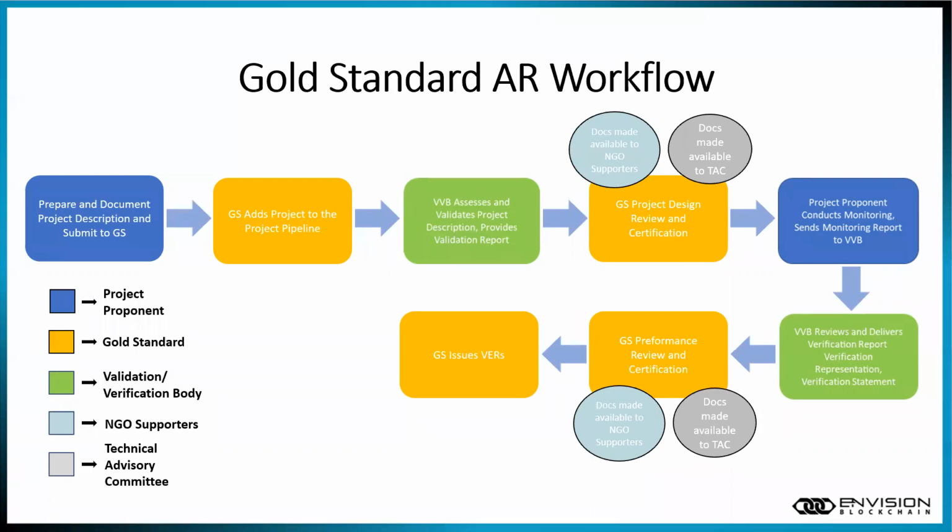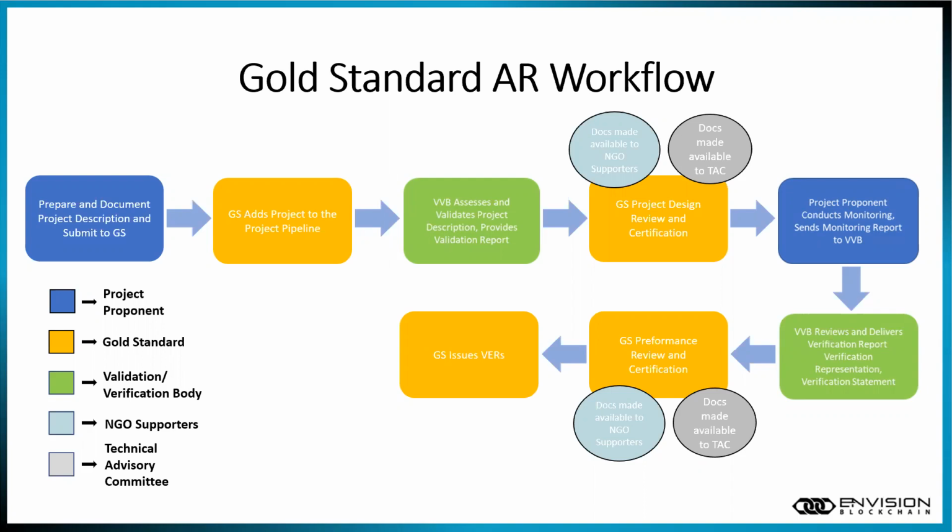Then Gold Standard would add the project to the project pipeline. The VVB will then assess and validate the project description and provide a validation report. Then Gold Standard will do a project design review and certification. And at this point, the NGO supporters and the technical advisory committee will have those documents made available to them so that they can comment.